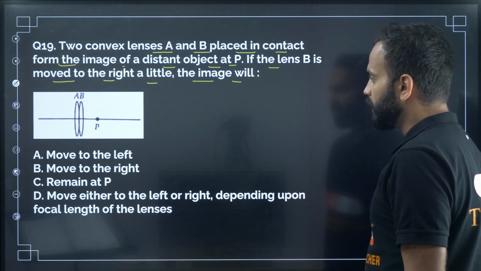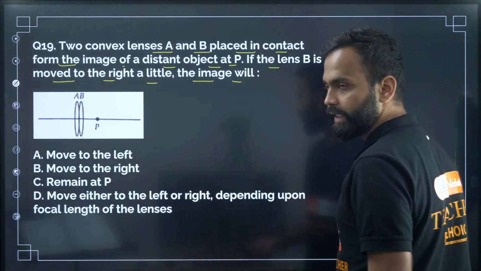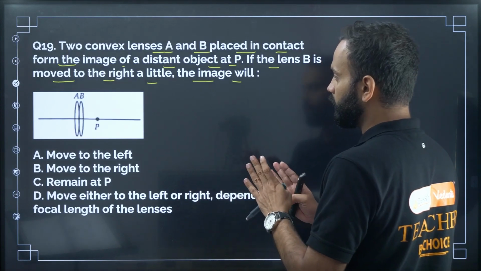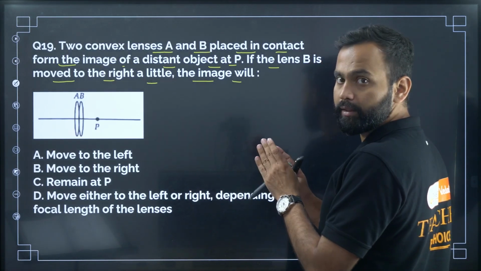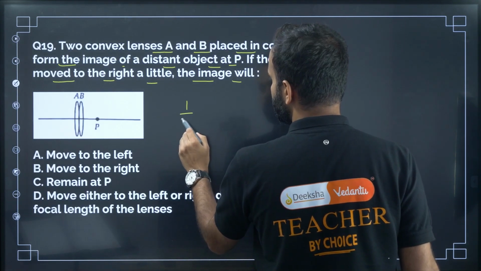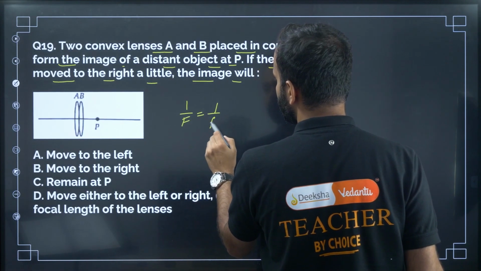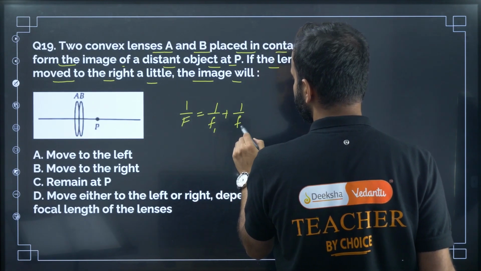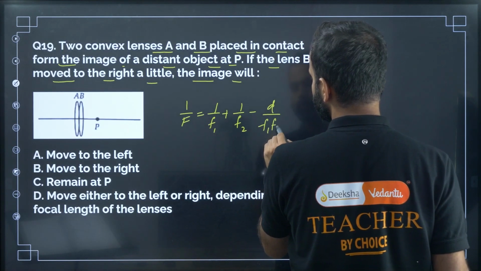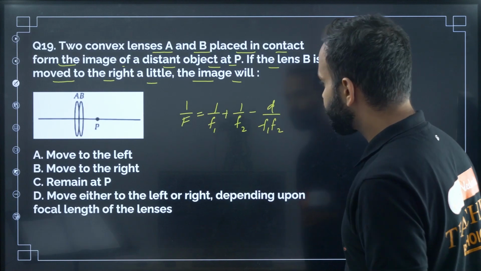So let us write the formula. When the two lenses are separated by small distance, the focal length of the combination will be 1 by f equal to 1 by f1 plus 1 by f2 minus d divided by f1 into f2, right?